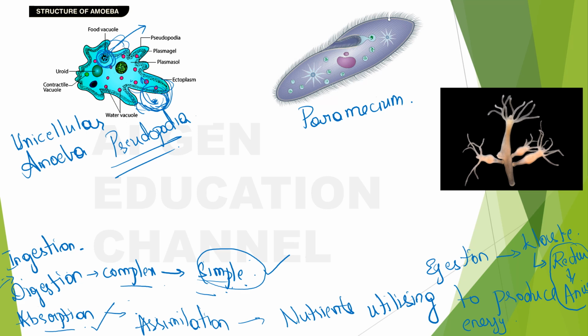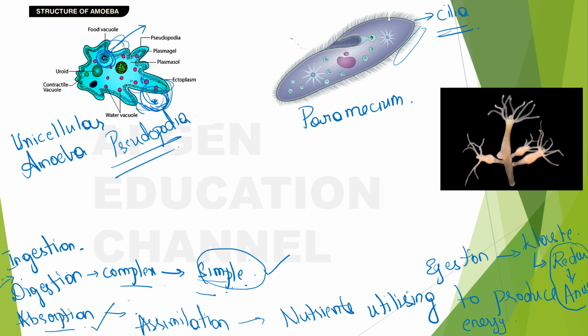So is it the same with the paramecium too? No. For paramecium, can you see this hair, right? This hair-like structure is called what? Cilia, okay? And it will be all throughout its body, okay? And this helps in the taking of food, okay? So here what happens, I'll tell you, wait. Here you can find this cilia, right? This cilia, along with the water, will even try to move the food that is present in the water, okay?